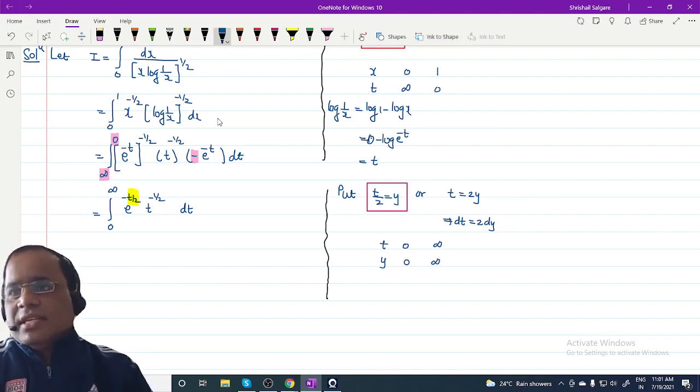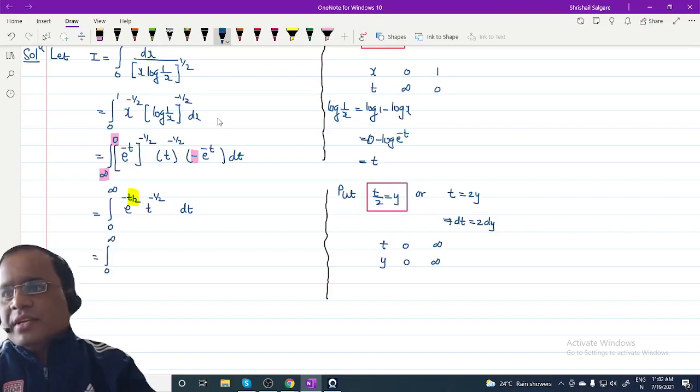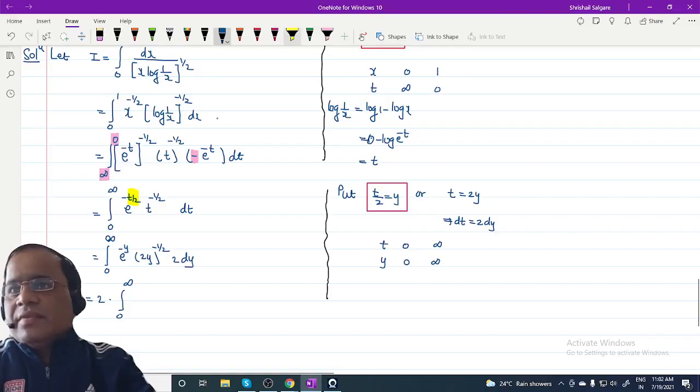Therefore, this integral can be reduced to the form: limits are from 0 to infinity, e to the power minus y, t is given by 2y and raised to minus 1 half, dt is given by 2 times dy. Now from this I will take 2 common. Here you are having 2 raised to minus 1 half, that I will write first, and here you are having plus 1. And the remaining is e raised to minus y into y raised to minus 1 half dy.